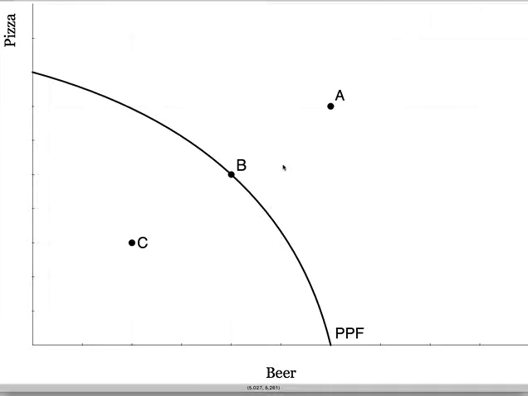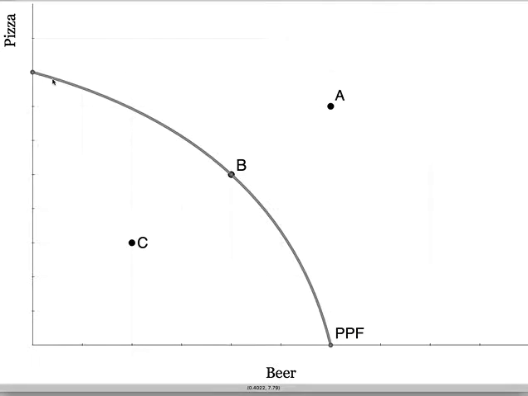So the best way to do this going forward and going on a test if you're asked this is use the definition of the PPF in explaining B and then contrast points A and C to B. So remember, what's the definition of a PPF? The definition of a production possibilities frontier is it's a graphical representation of all the maximum output levels of the two goods that we're talking about, given that we're using our inputs efficiently.